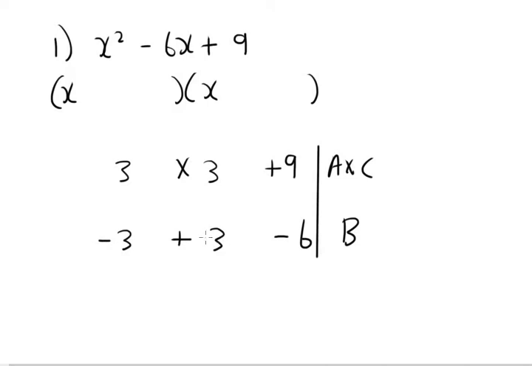But if I make both numbers negative, it means negative 3 plus negative 3 gives me negative 6. And if I say negative 3 multiplied by negative 3, I get to positive 9. In other words, when I multiply it out, I get to that, and when I add it up, I get to that. So in this case, my factors are going to be negative 3 and negative 3. So that's the answer for number 1.